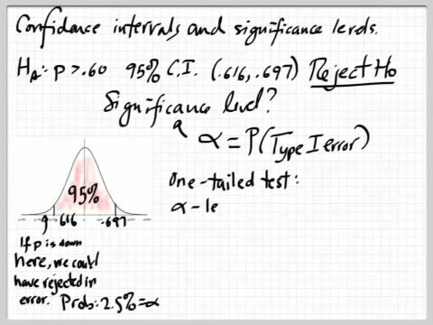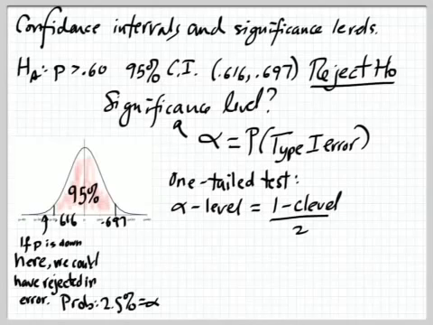So, in conclusion, for a one-tailed test, if you use a confidence interval to perform the test, the alpha level, the significance level of that test, is 1 minus the confidence level divided by 2. It's the area in one of these tails. So if you had 90% confidence, then the significance would be 5%. It would be the same as using alpha 5%.